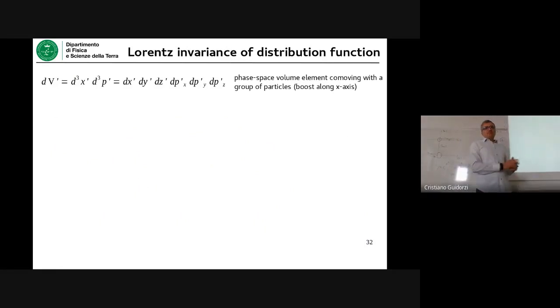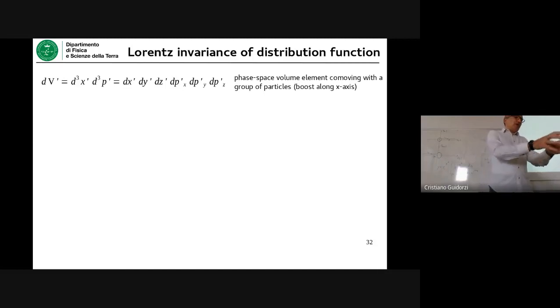So this was it for the redshift. Let's switch topic a little bit. Let's consider the so-called distribution function, what it is. Let's assume that there are some particles moving in space, a group of particles with very similar velocities.